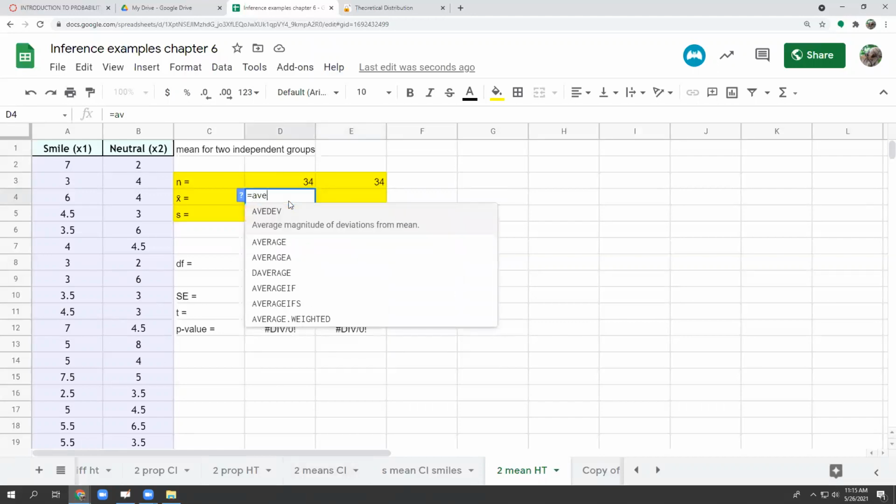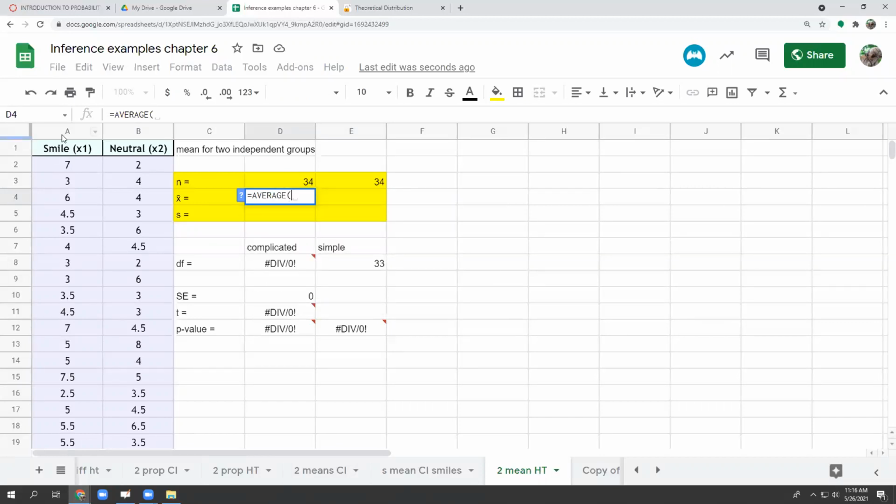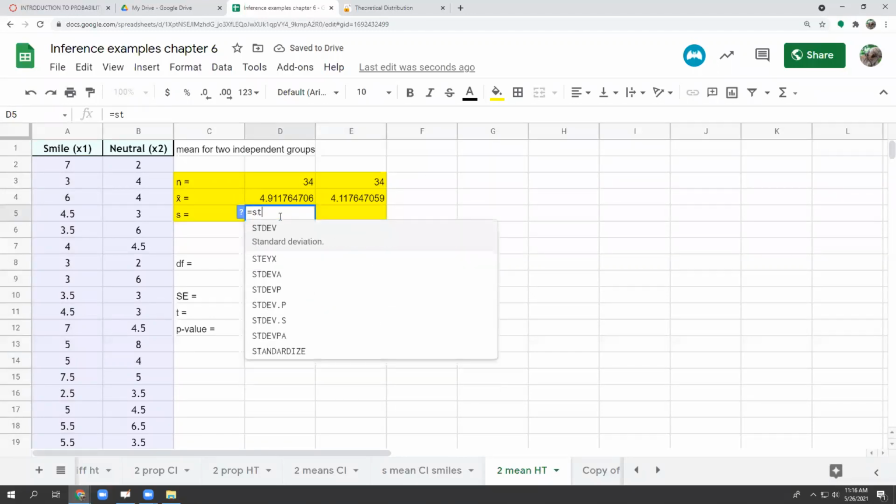Average. Whole column of data. Average. Whole column of data for the other one. It looks good. For the standard deviation, there are a couple of options. Start typing STD for standard deviation.